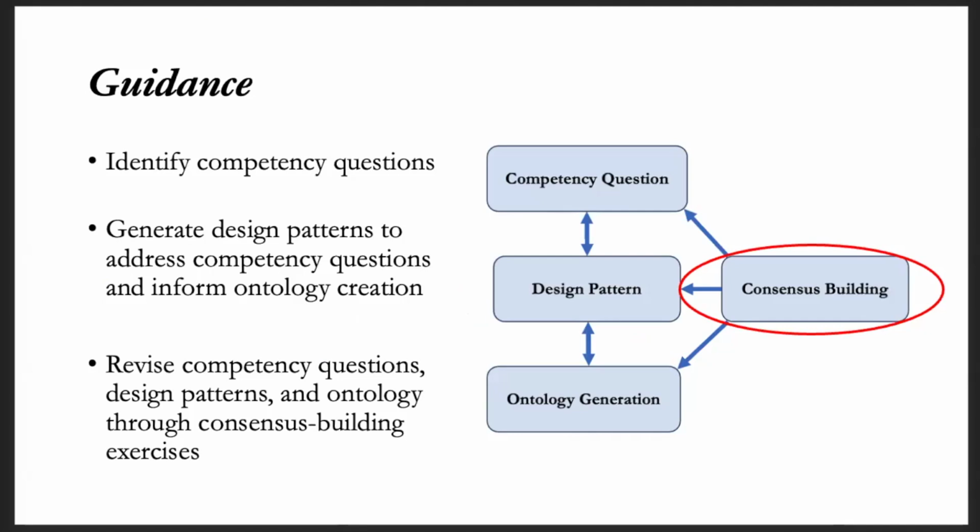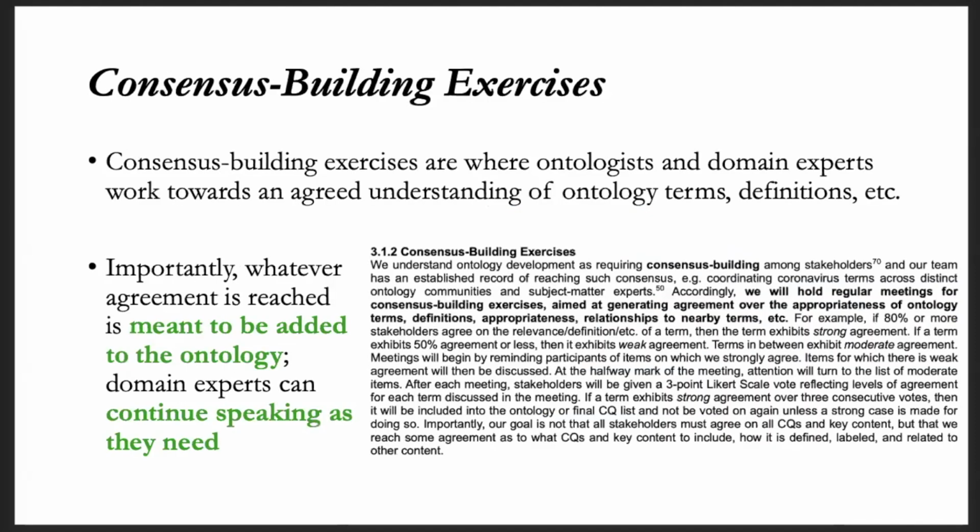Well, as I said, we revise competency questions and design patterns and ontologies, and we do this through consensus building exercises. At least that's what I call them. They're exercises where ontologists and domain experts, or generally other stakeholders, work towards agreed understandings of terms, definitions, questions, etc. Again, it's an iterative process, and whatever agreement is reached is meant to be added to the ontology or the design pattern, or maybe even to new or old competency questions.